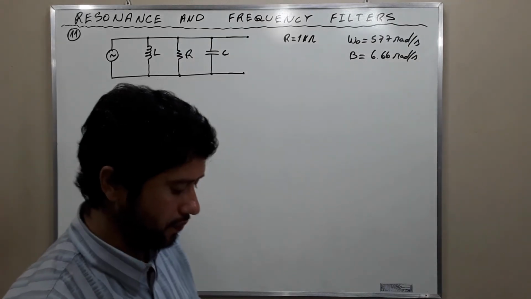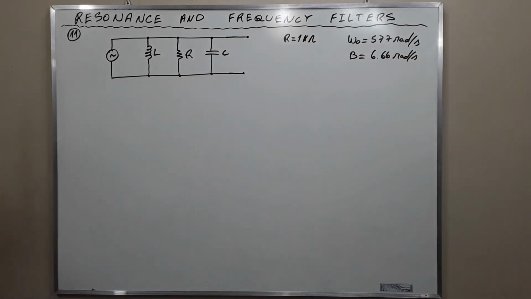Exercise 11. The circuit of the figure has a resonant frequency of 577 radians per second. The bandwidth is 6.66 radians per second. Calculate the capacitance if the resistance is 1 kilo ohms.